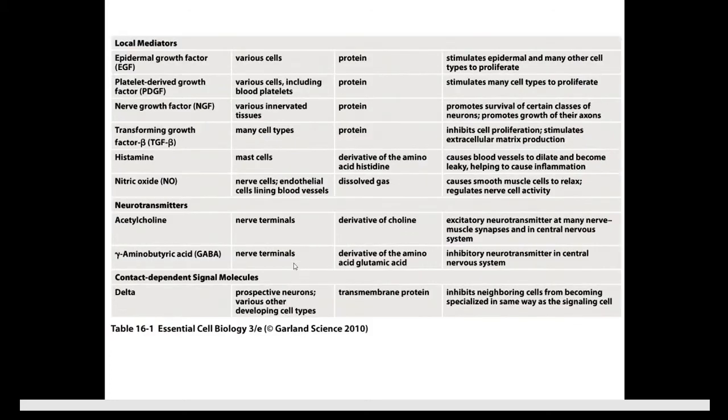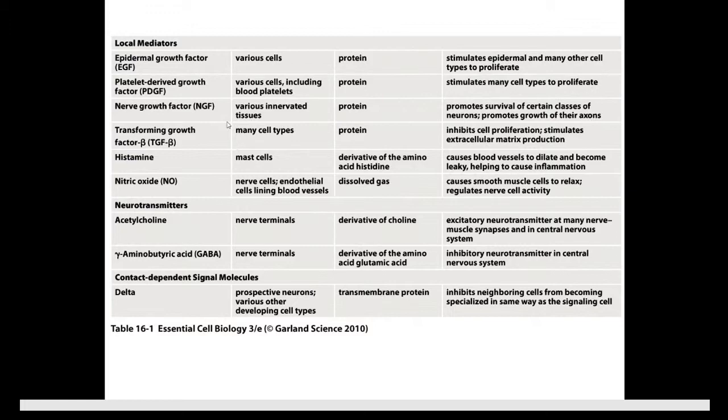Another is epidermal growth factor. It's produced from various cells. It's a protein hormone that stimulates epidermal and other cell type proliferation. Platelet derived growth factor is also a protein that stimulates cell proliferation.